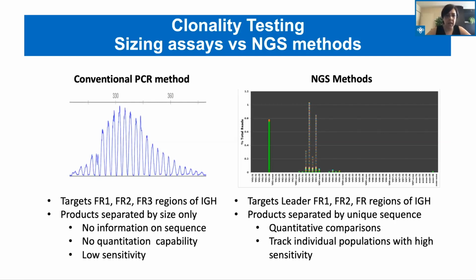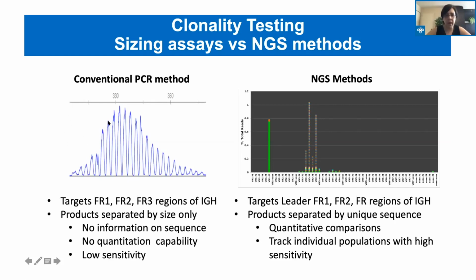This assay is done by PCR, where the products are separated by size only. Here, for example, you can see the products separated by size, with the size on the x-axis and the height being the amount of PCR product that you have.